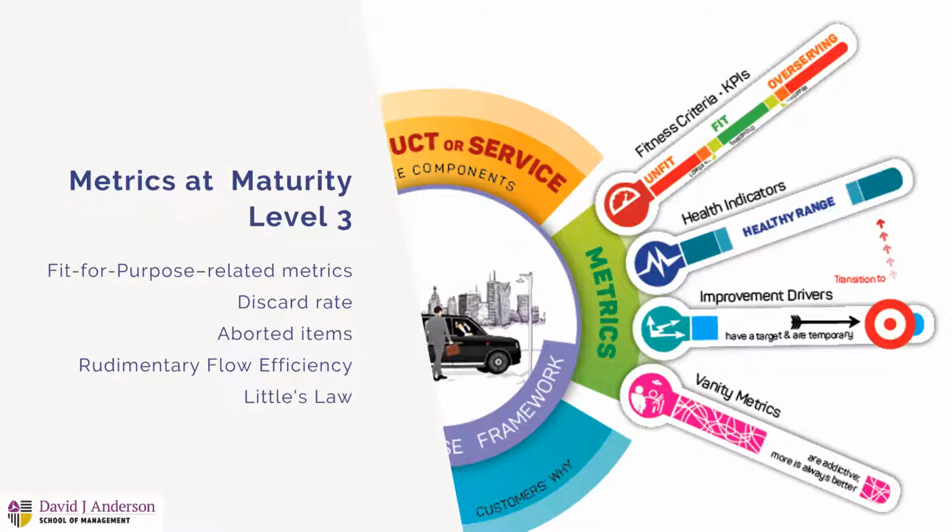We look at discard rate in our upstream system, aborted items in our downstream system. We start to look at the flow efficiency. So your touch time versus lead time, how efficient you are. And this is the moment when we look at Little's Law. Again, you can start using Little's Law earlier, but it's not required until maturity level 3.